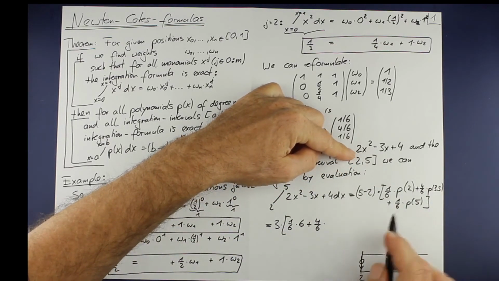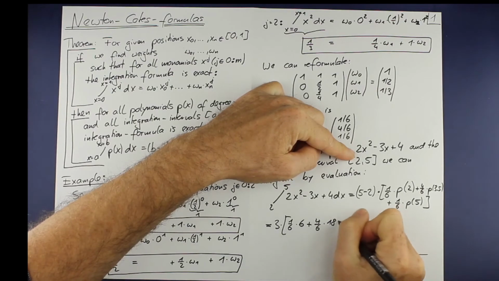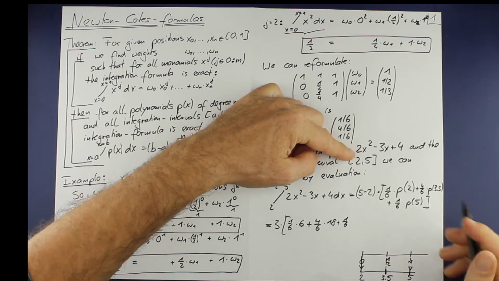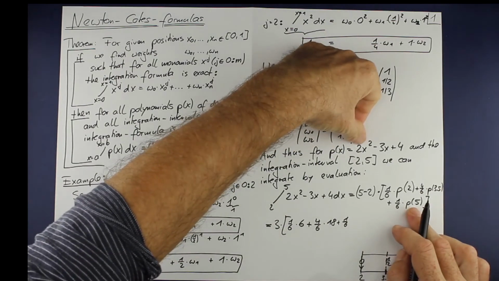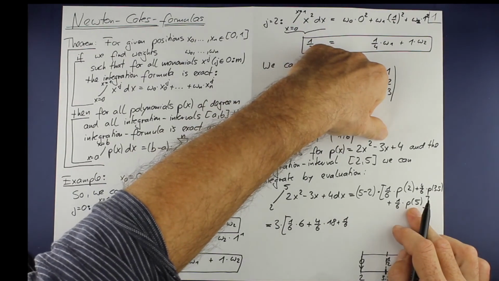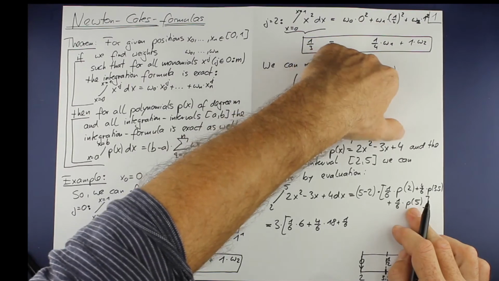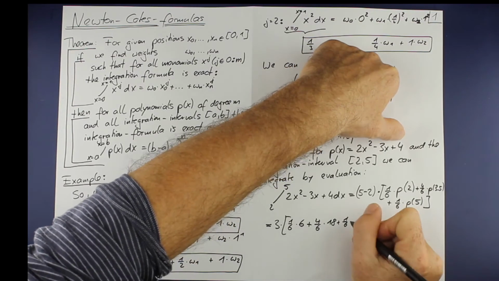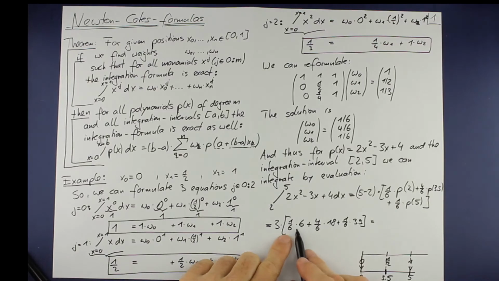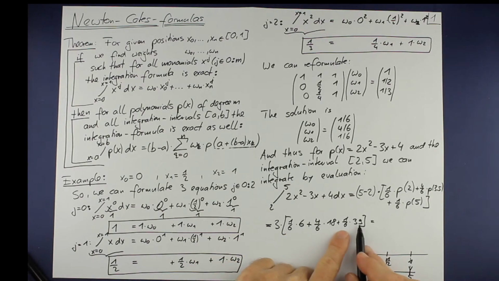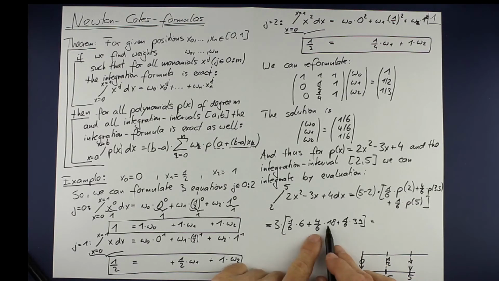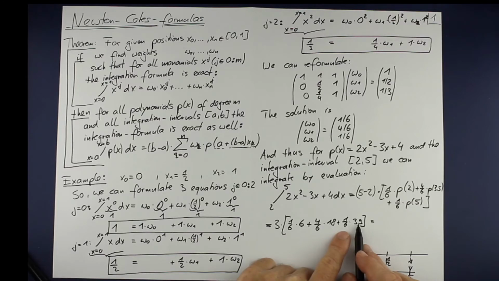If you do it correctly, then you get an 18. Plus 1 divided by 6. Value at position 5: 50 minus 15, so 35 plus 4, so 39. And if you multiply, here you get a 1, here you get a 12, and here you get a 6.5. And 1 and 12 is 13, and 6.5 is 19.5.